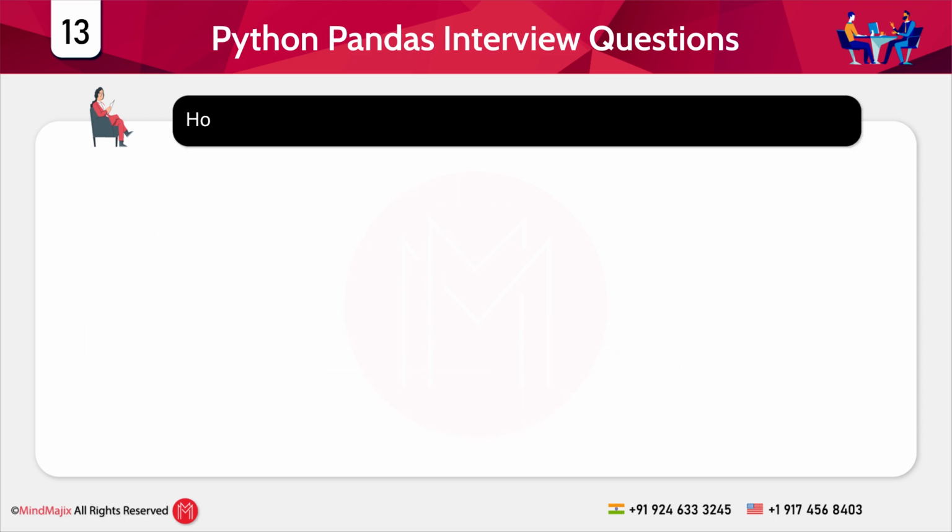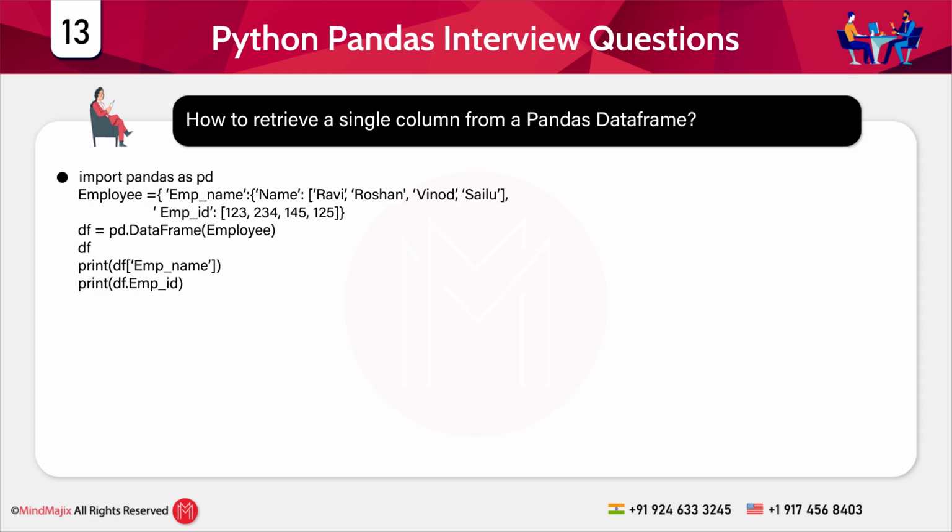The next question is how to retrieve a single column from a Pandas data frame. Here we have taken the previous example. As you can see over here, import pandas as pd, then we have the employees like employee name and employee ID, and we are creating a data frame of employee over here. And once you print this data frame, this df will print the entire data frame like the employee name and the employee ID.